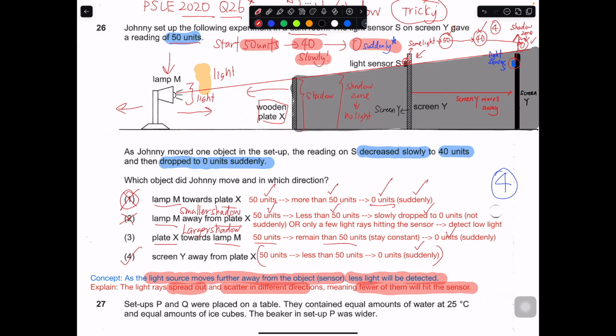But the question given to us is that it slowly decreases to 40, then it becomes 0. So option 3 cannot be the answer, because it will always remain as 50, since the distance between the light source and the light sensor did not change. Therefore they will detect an equal amount of light throughout the whole experiment. So that's why 3 cannot be the answer.